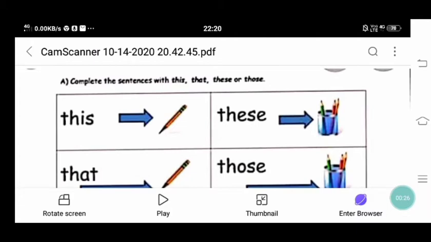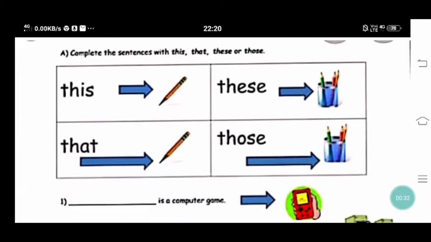Okay, here are given signs of this, that, these, those. How you can identify? You have to use this, that, these, those. So through the arrow you can identify. Okay, let me see.